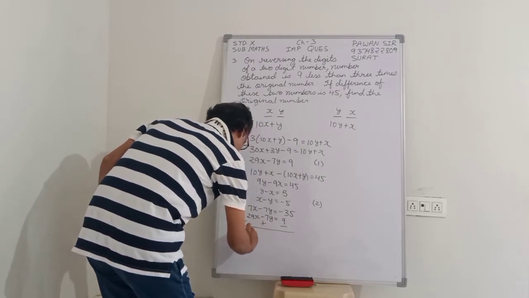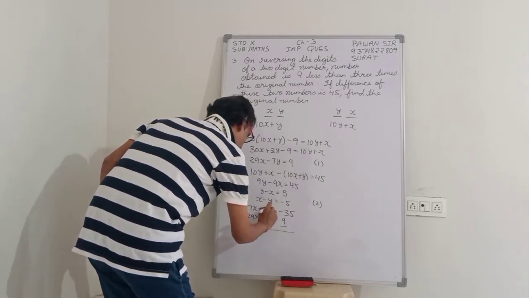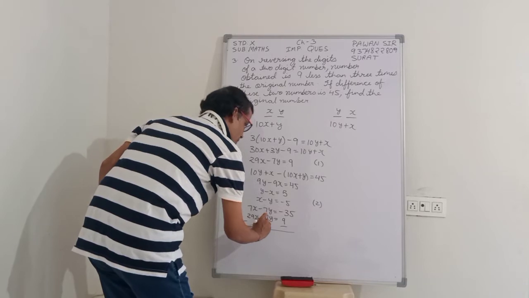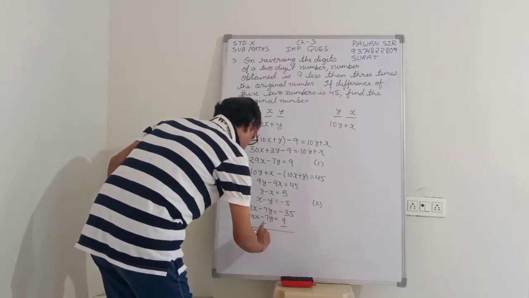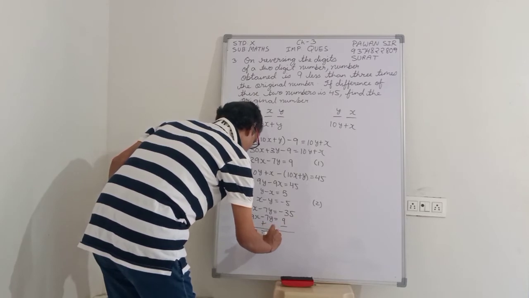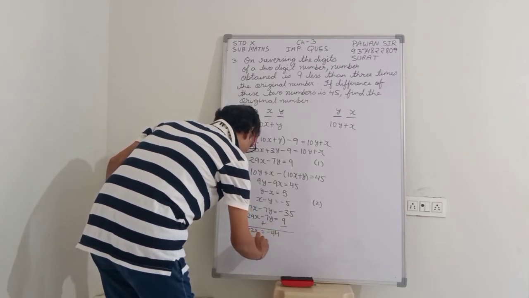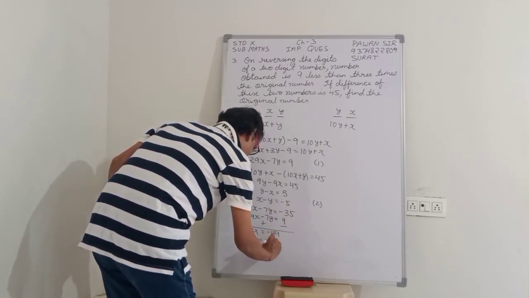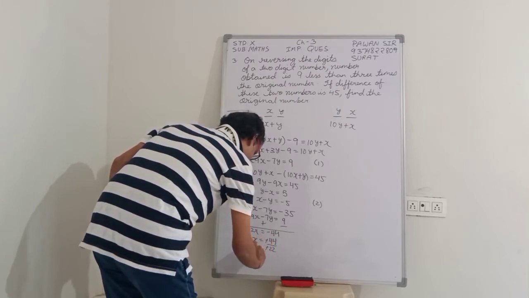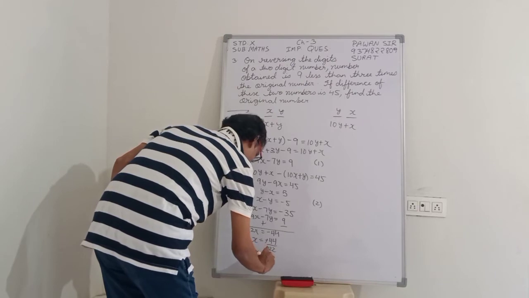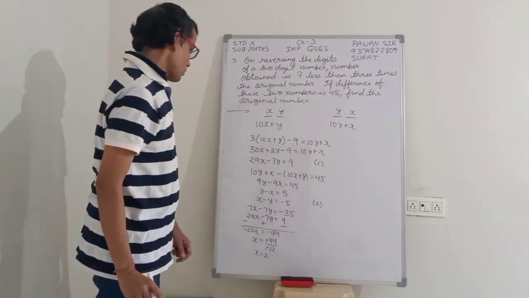So this becomes minus 22x, minus 7y plus 7y is 0, minus 35 minus 9, it is equal to minus 44. So from this we get x equal to minus 44 upon minus 22. It means x is equal to 2.